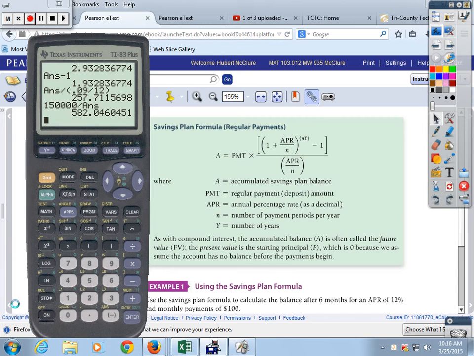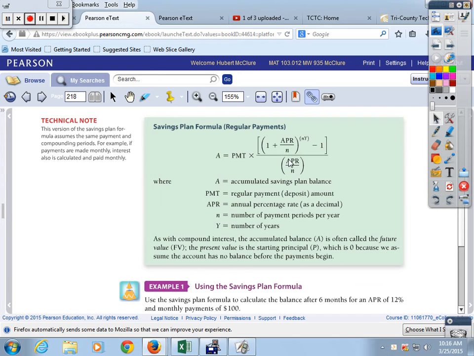Take this, put it up here. So just forget this right here, and multiply by n over r right here, and put brackets around this.